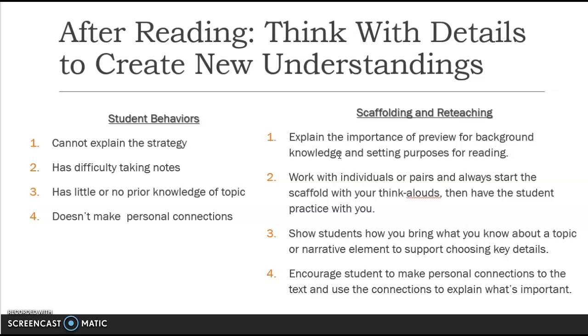So an example of a troubleshooting strategy would be if the student cannot explain the strategy itself. Some scaffolding and reteaching ideas would be to explain the importance of preview for background knowledge and setting purposes for reading. So I wanted to share that with you guys if you hadn't noticed that.